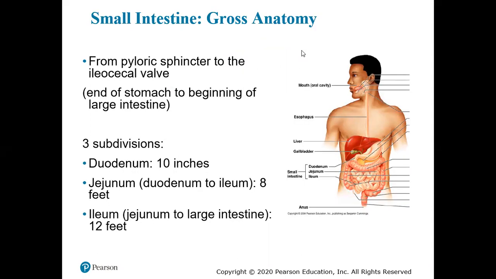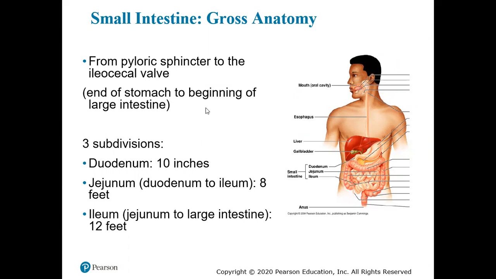Moving on to the small intestine anatomy. So we've had food, it's become a bolus in the mouth, and it has traveled down the esophagus, through the lower esophageal sphincter, through the stomach, to the pyloric sphincter, and it is now going to enter the small intestine. The small intestine begins at the pyloric sphincter and ends at the ileocecal valve. So the end of the stomach to the beginning of the large intestine.